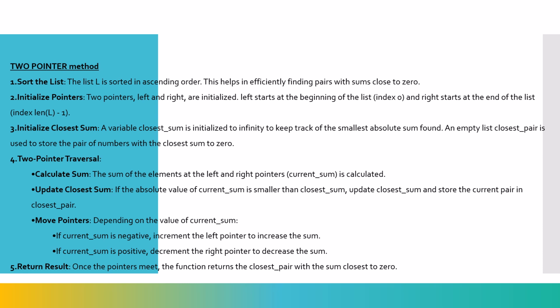If the sum is greater than 0, move towards the right side. Once the pointers meet, the function returns the closest pair with the sum closest to 0. The best pair will be returned. The time complexity is O(n log n), and the space complexity is O(1).